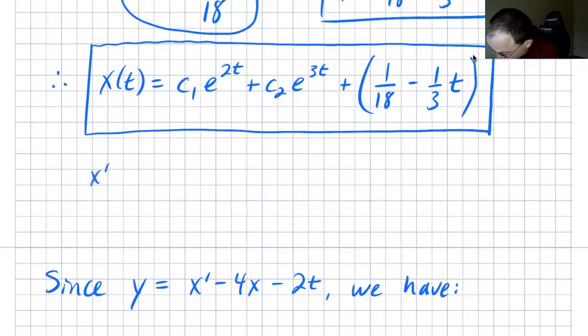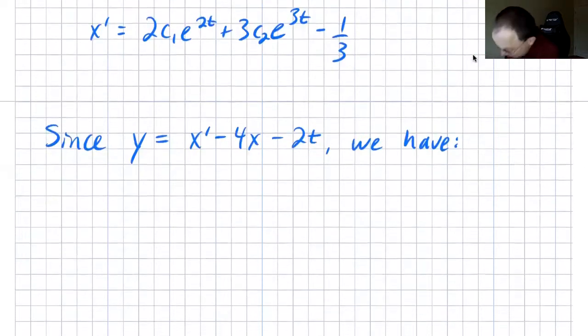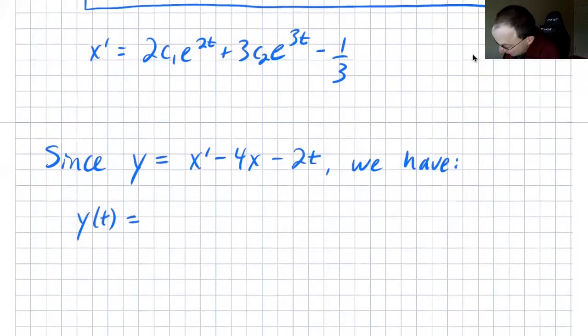So x prime is going to be 2c1 e to the 2t plus 3c2 e to the 3t plus, or in fact, it's minus 1/3. Okay, so we'll have y of t is equal to x prime.